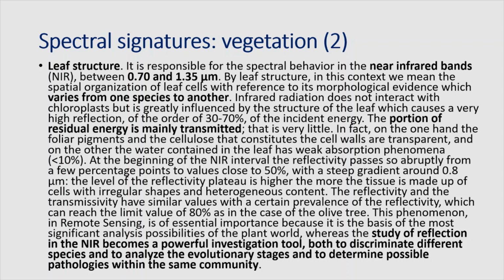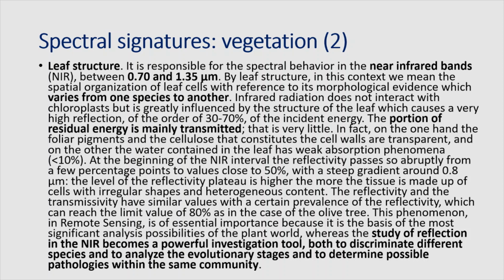Infrared radiation does not interact with chloroplasts, but is greatly influenced by the structure of the leaf, which causes a very high reflection, of the order of 30 to 70% of the incident energy. The portion of residual energy is mainly transmitted. That is very little.